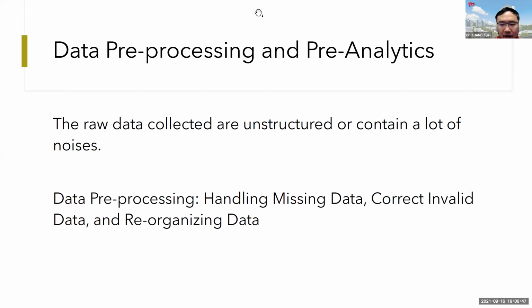That means you need to correct any values that are irregular, based on some constraints in reality, okay. Then after correcting the values and handling the missing values, next we need to reorganize the data into a format that the machine learning algorithms can use.